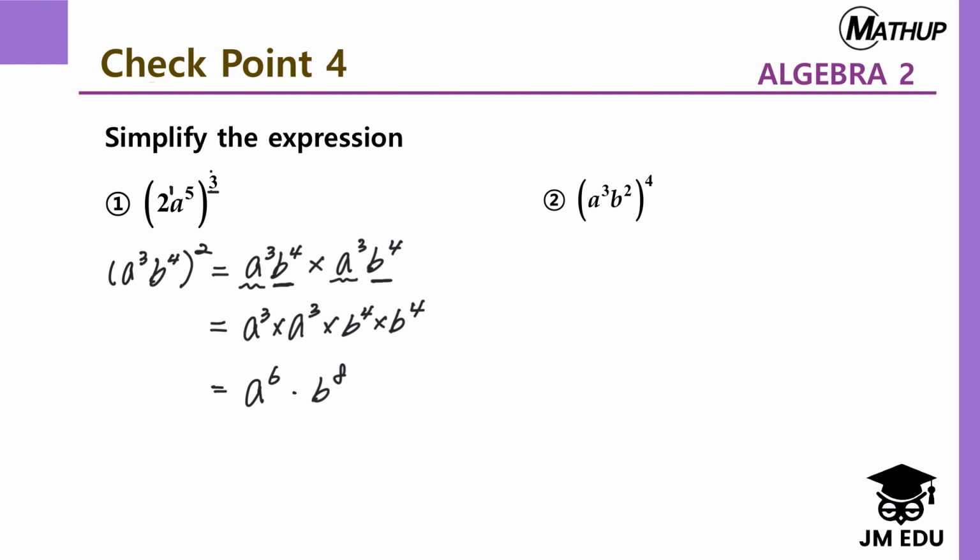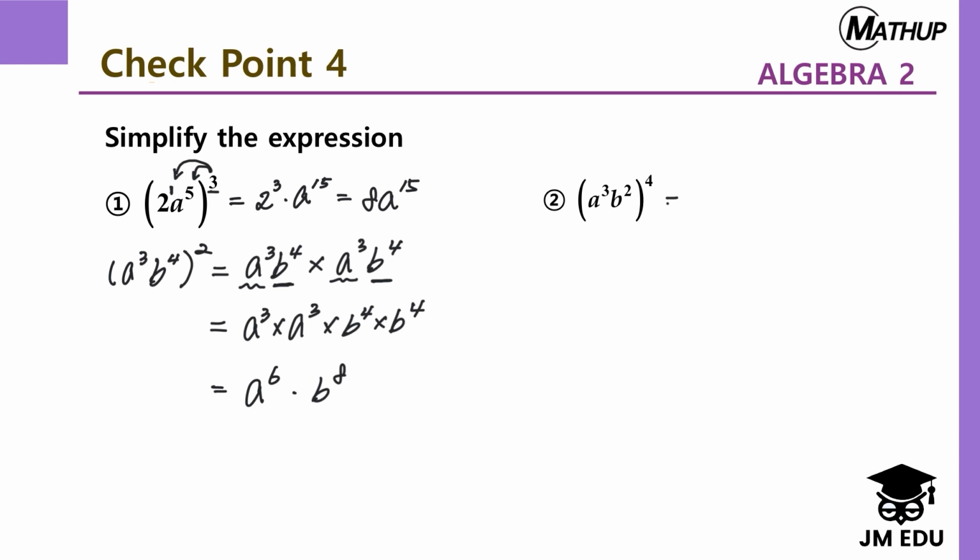We're going to multiply 3 by each exponent. That's 2 to the 3, and a to the 5 times 3, 15. So 2 cubed, 2 times 2 times 2, is 8, and we have a to the 15.